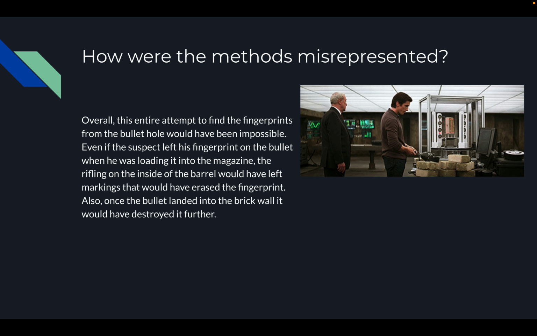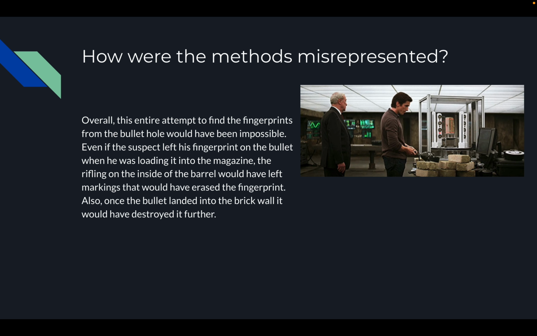So really, even if the suspect had left a fingerprint on the bullet when he loaded it into the magazine, the rifling primarily on the inside of the barrel would have left markings that would have erased the fingerprint. Another funny thing, and the detective states this at the beginning of the video, is that the bullet was fired into brick, so it was smashed. It would have been very hard to retrieve any markings that could have been identifiable by a ballistic specialist because it was smashed into a brick wall.